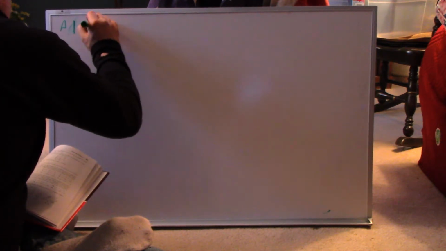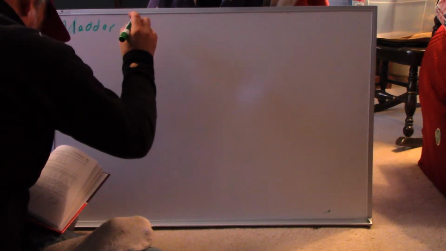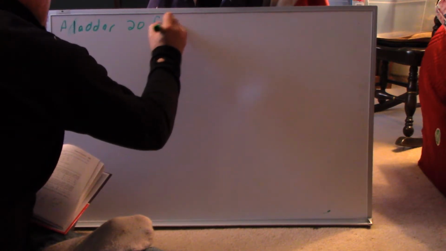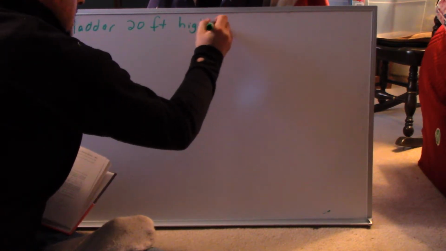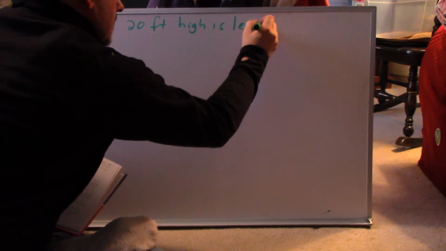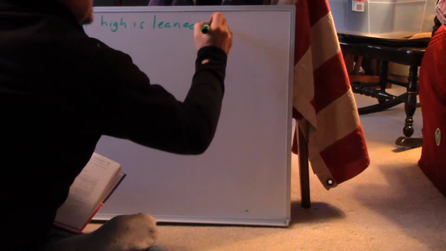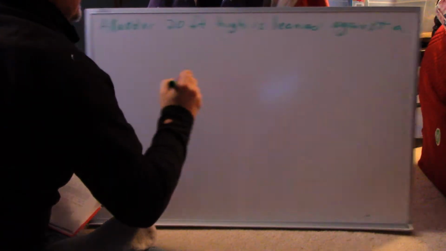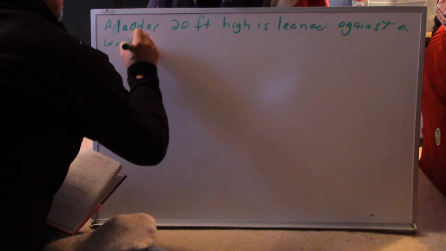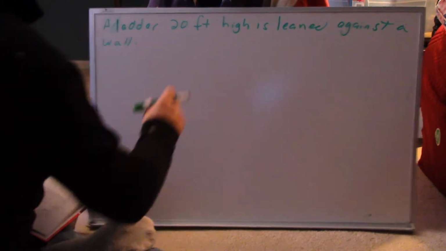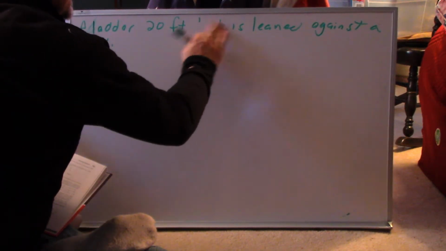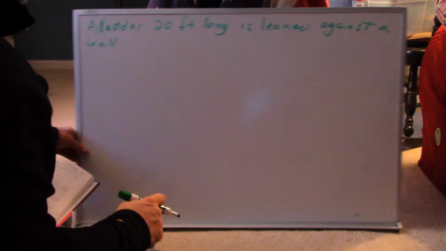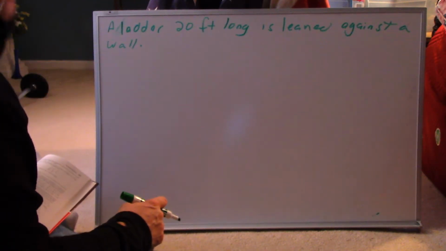A ladder 20 feet high is leaned against a wall. Alright, so the ladder, 20 feet, I shouldn't say high, I should say long, 20 feet long, is leaned against the wall. So the ladder's 20 feet.